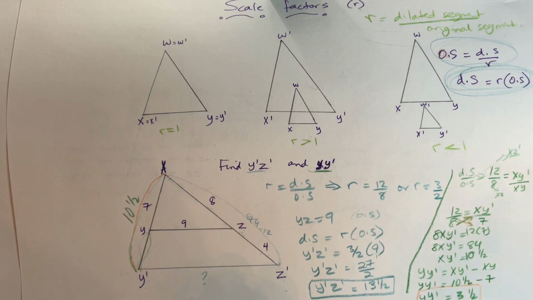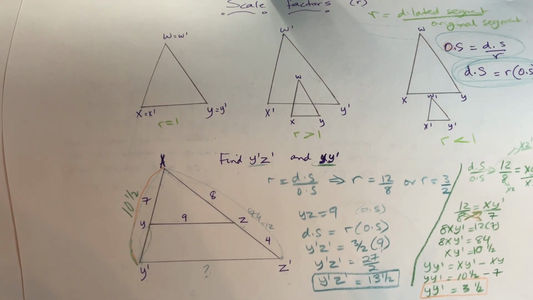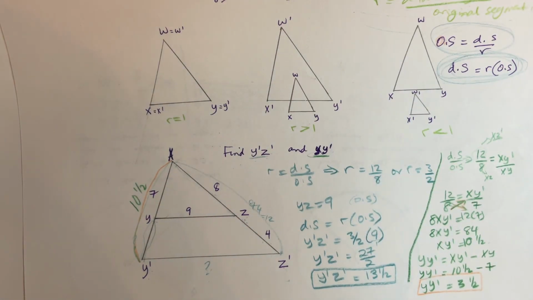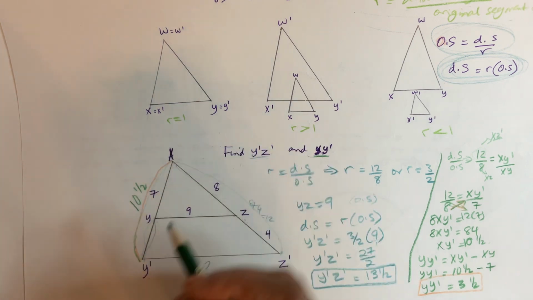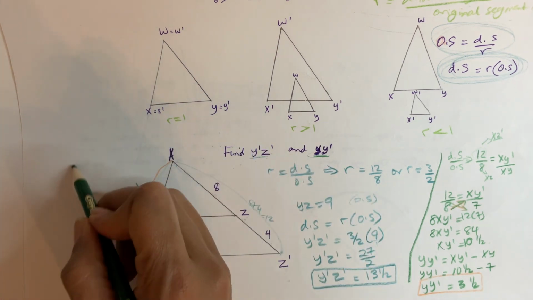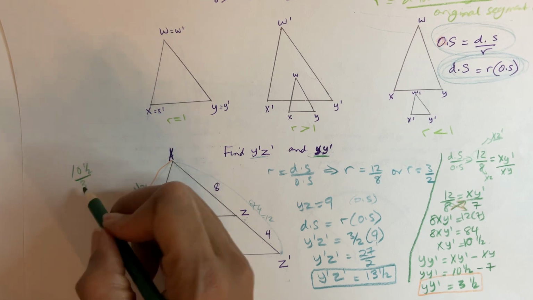And if you want to check your work, all I suggest you do is simply, let's flip this way, and check your work. You can check it over here, and you can do dilated, which is your 10.5, over your original, which is 7.